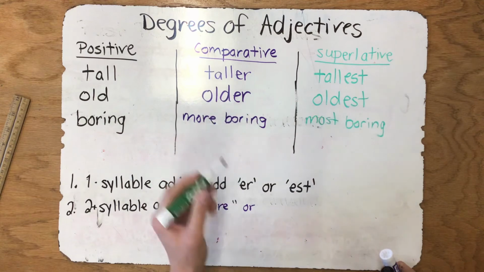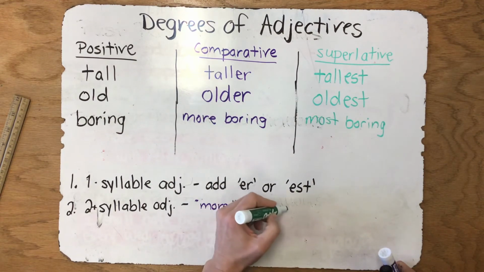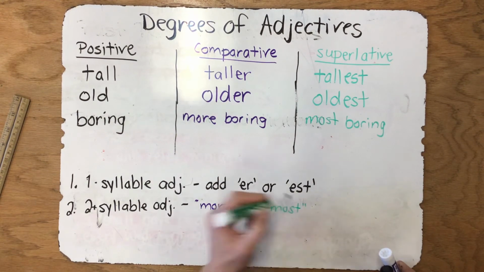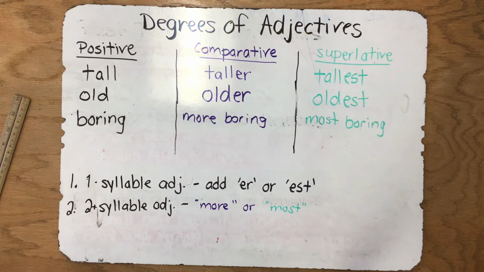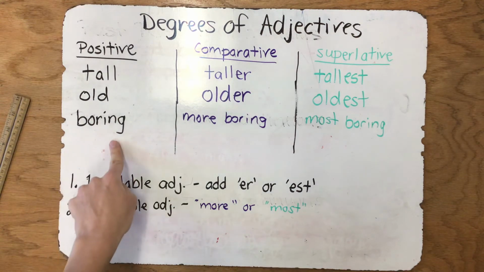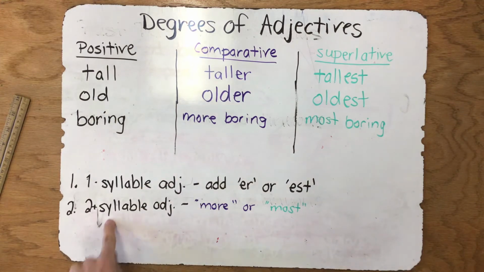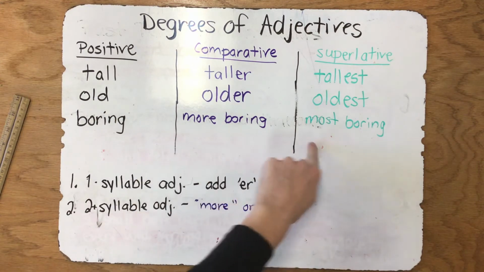So when it's a superlative, we add most. Like the adjective interesting, since it's more than 2 syllables, it'd be more interesting and most interesting.